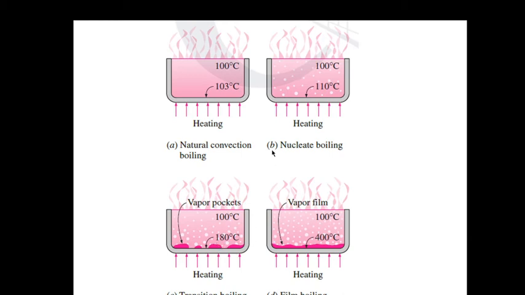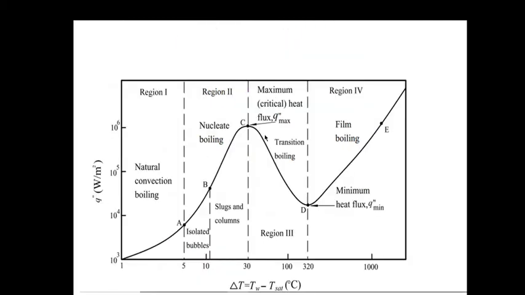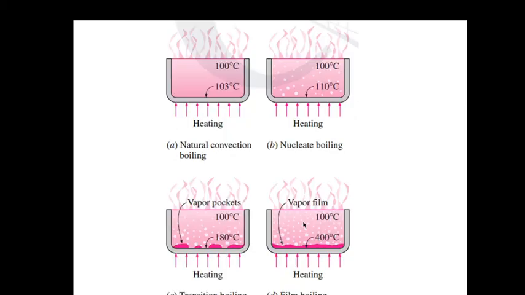The temperature goes on increasing, but the flux gets reduced. The reason is that the vapor pockets formed at the bottom side of this bowl act as insulation to the heat flux.